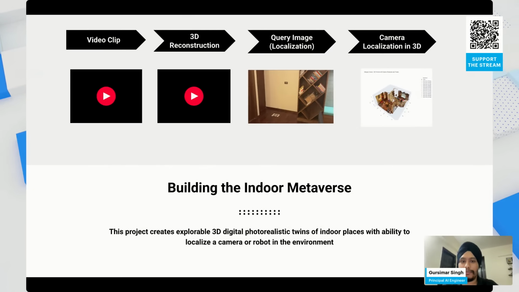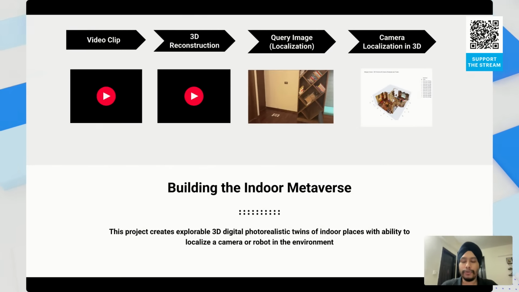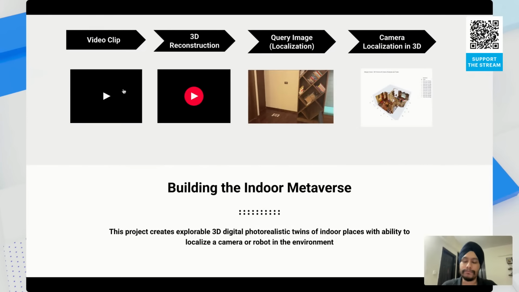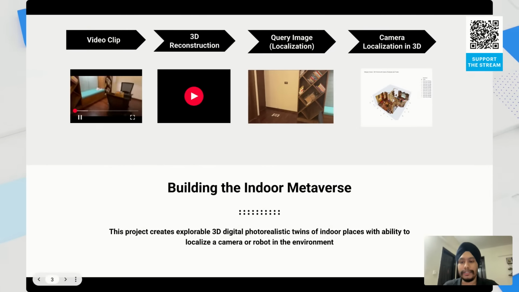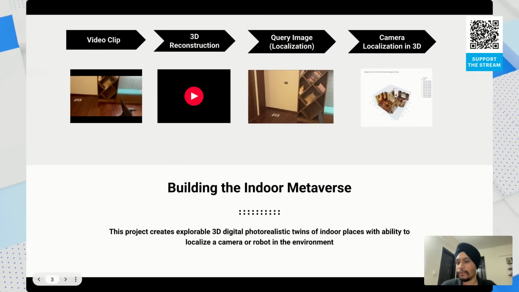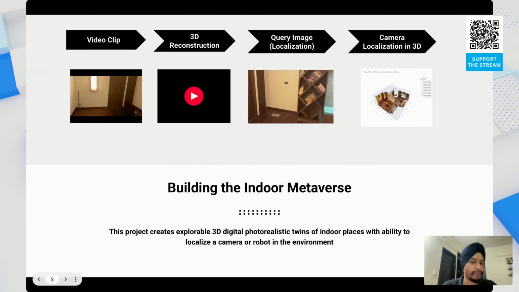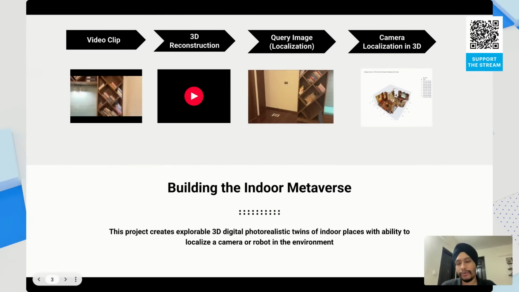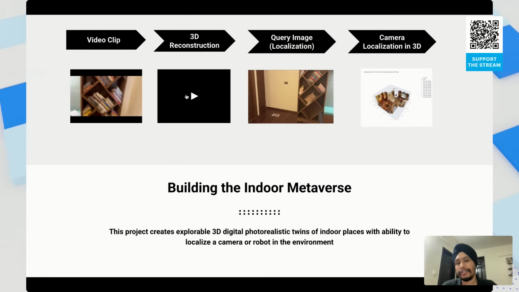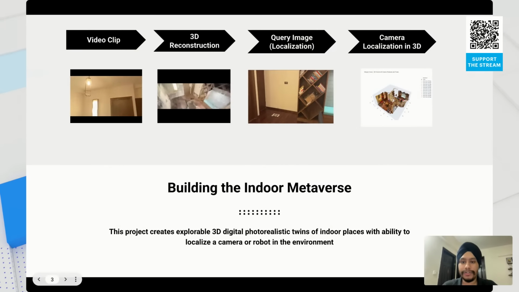So overall, the pipeline, or the building blocks, would be four. The input to the overall architecture would be a video clip, which could be of a room, or of multiple rooms. We are focusing on indoors today. We take some frames out of it and do a complete 3D reconstruction around it.